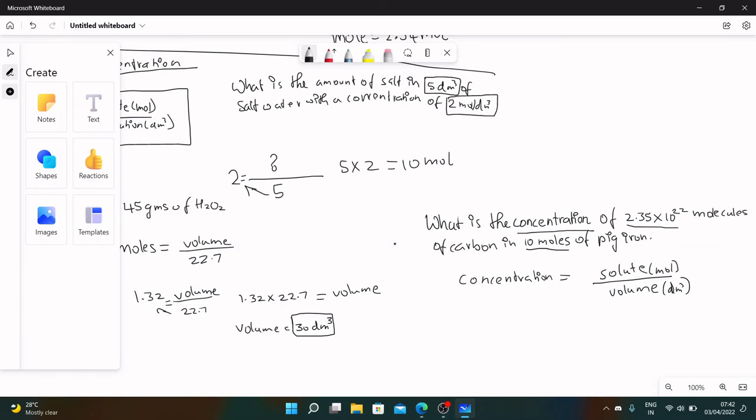Converting this to moles is easy. Just take a look at our formula, the first one we discussed in this video. 6.02 into 10 to the power of 23.